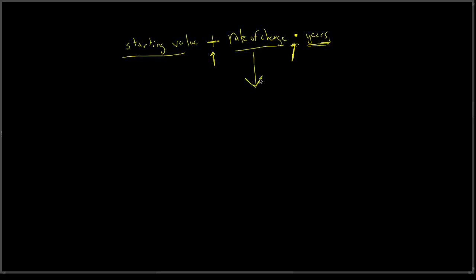So the rate of change is M or R, depending on what you're doing. And the years, since it was on that horizontal axis, we tend to call it X. So we'll say times X. And then in that starting value, for historical reasons, is usually called B. And what we're going to find is we're going to get a lot of examples where we'll do something by word.